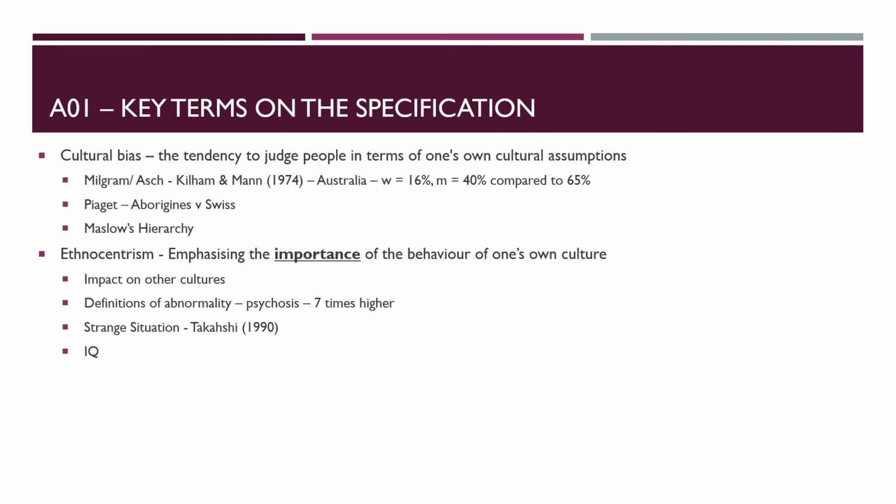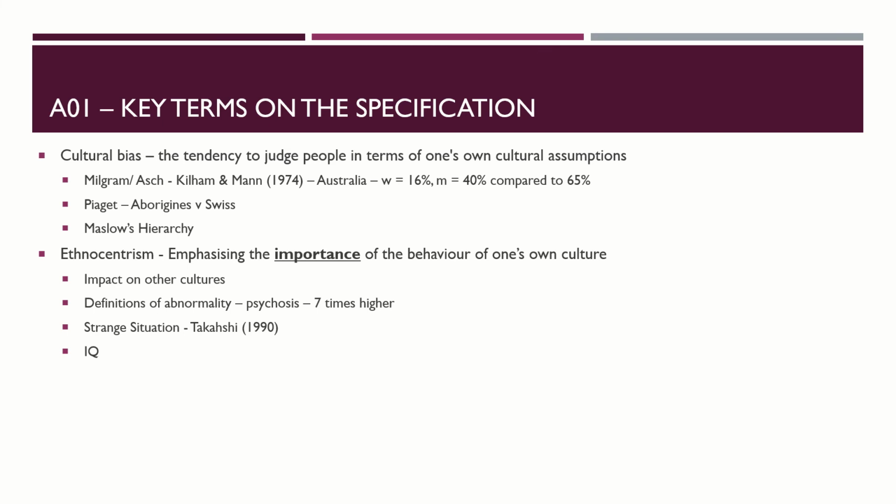And of course, this has a massive impact on other cultures, because other cultures' behaviours are then considered abnormal, so not the norm, and therefore abnormal and different and potentially even clinical, which means they can be considered to be worthy of diagnosis, and that people can be unwell, which is not the case.